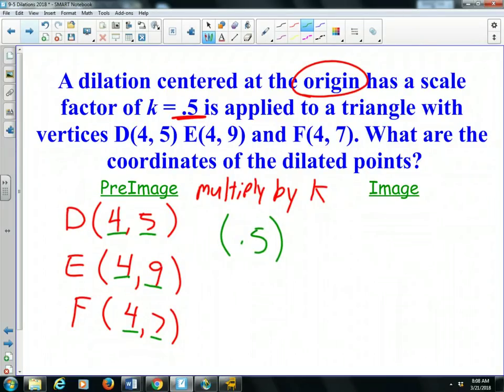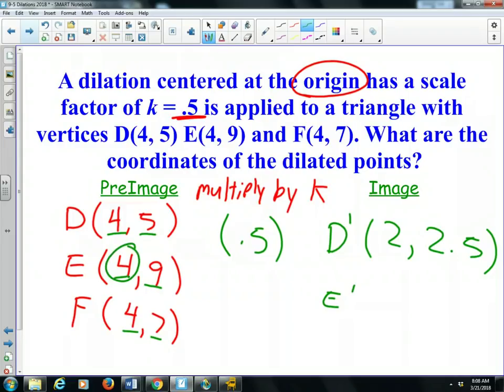0.5. So 4 times 0.5 is 2. So D prime is at 2, and 5 times 0.5 is 2.5, or 5 halves. E prime, I multiply 4 times 0.5 and get 2.